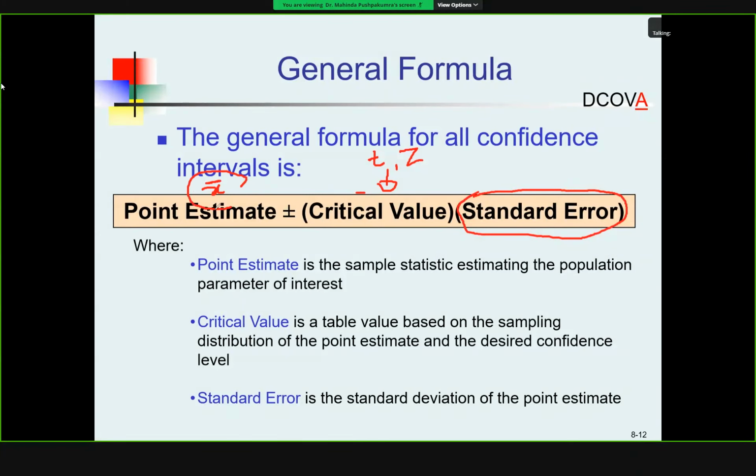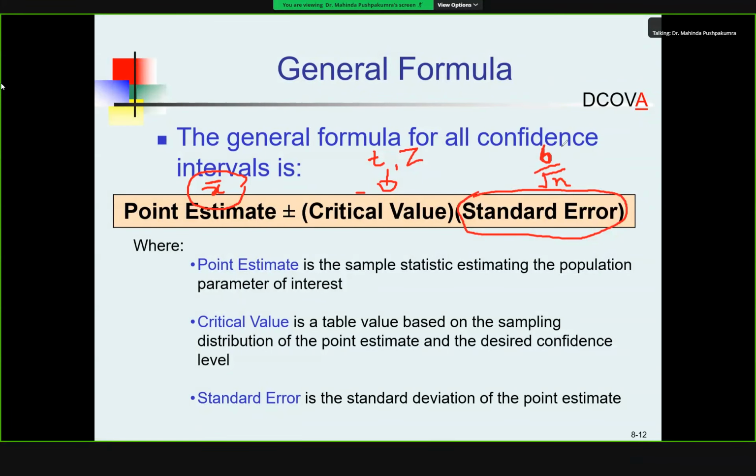Sample mean, it's very simple. Then the standard error of the mean. We learned that standard error of the mean is equal to the population standard deviation divided by square root of n, if the population standard deviation is known.